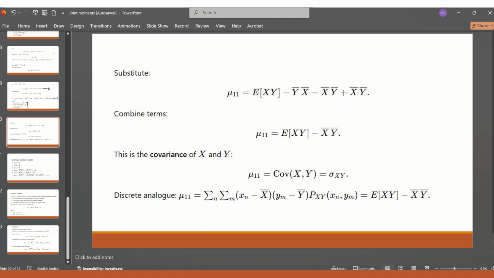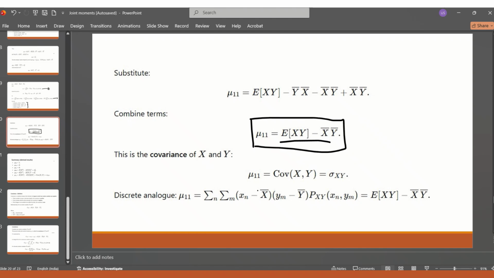We know that the expectation of xy is the correlation. X bar and y bar are the product of means. This is known as covariance.